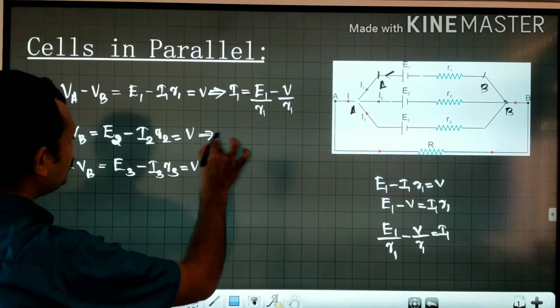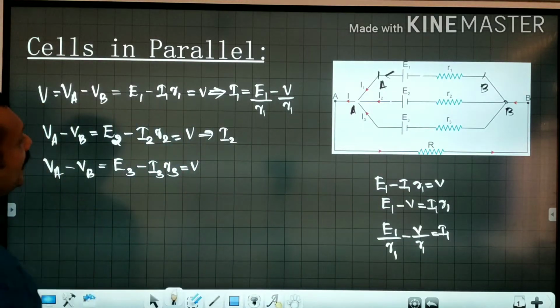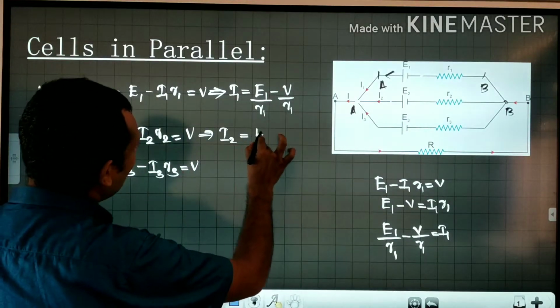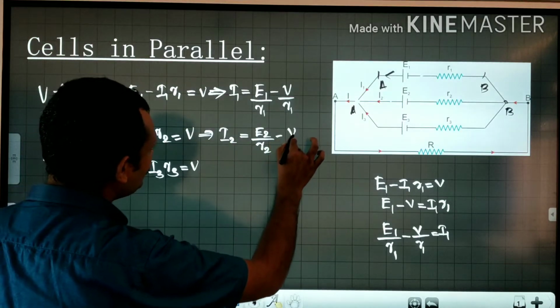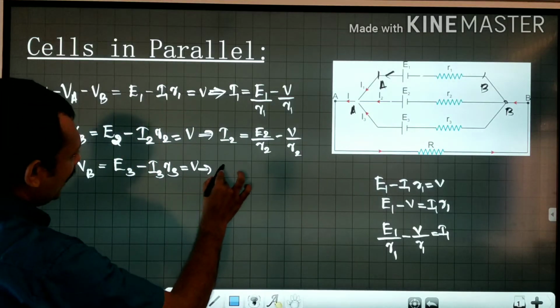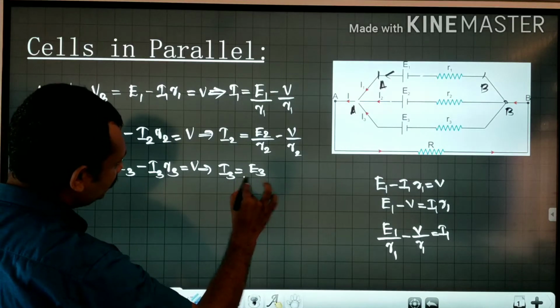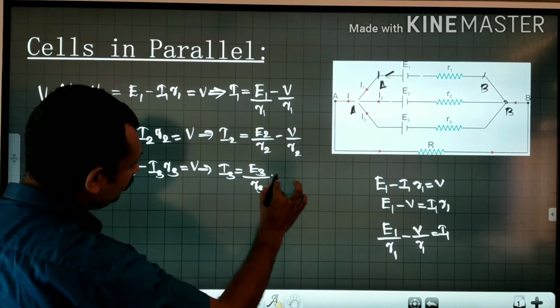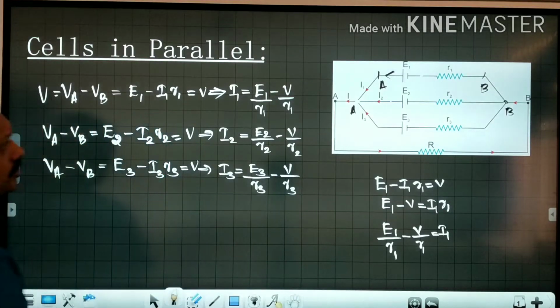Similarly, following the same steps, I2 is E2 divided by R2 minus V divided by R2, and I3 is equal to E3 divided by R3 minus V divided by R3.